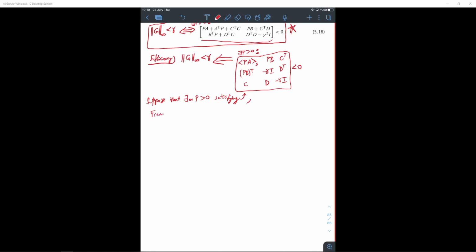From that inequality we will have, if we consider that this is correct, okay, what we are doing is this: we are considering that this is correct, and by doing some simple manipulations we are going to reach this inequality. Alright, and this is 3 by 3.